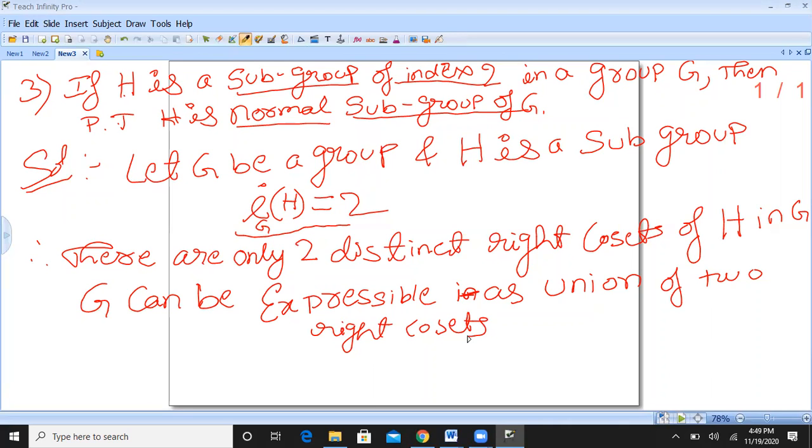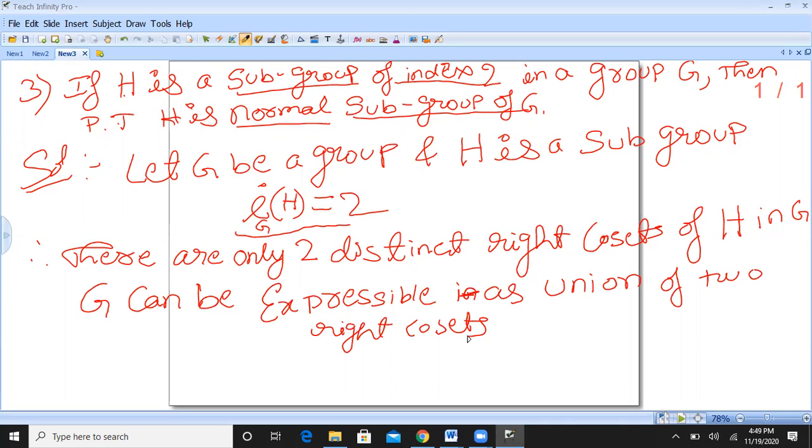We have to prove that if H is a subgroup of index 2 in a group G, then H is a normal subgroup of G. So, as usual, let G be a group and H a subgroup.